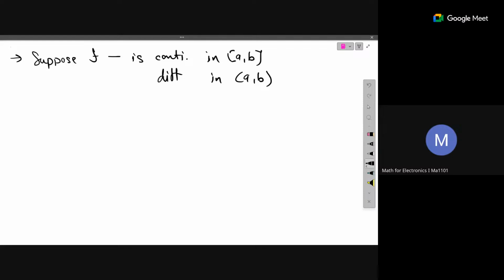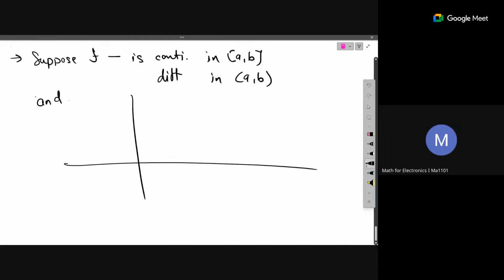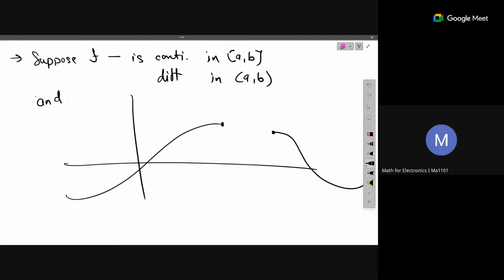So suppose we know that our function is continuous and differentiable over this interval [a, b], and we know the values of the function except over this particular gap. We know the values of the function over [a, b], but we don't know what behavior the function can have over this gap.